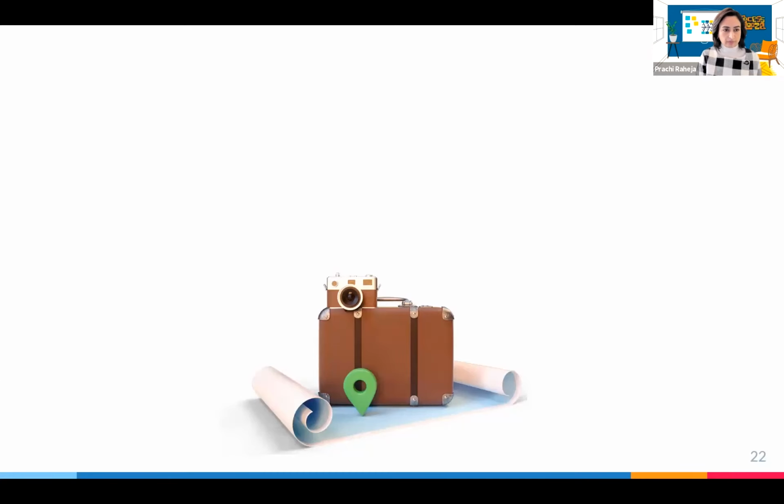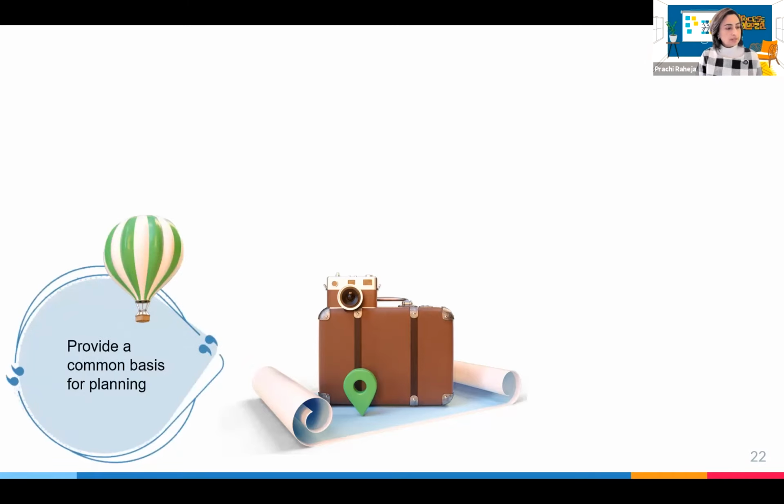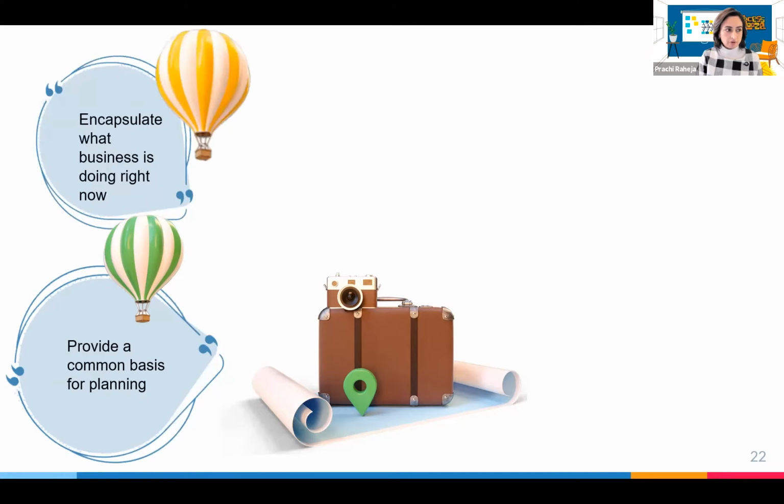Once you have the foundational document of the process landscape, once you have this map, it really enables you to take flight to different process improvement destinations that you'd like to reach. You can use this document as a common basis for planning, or, for example, if your department is going through a change or wants to reorganize, this can form a great foundation for that planning.